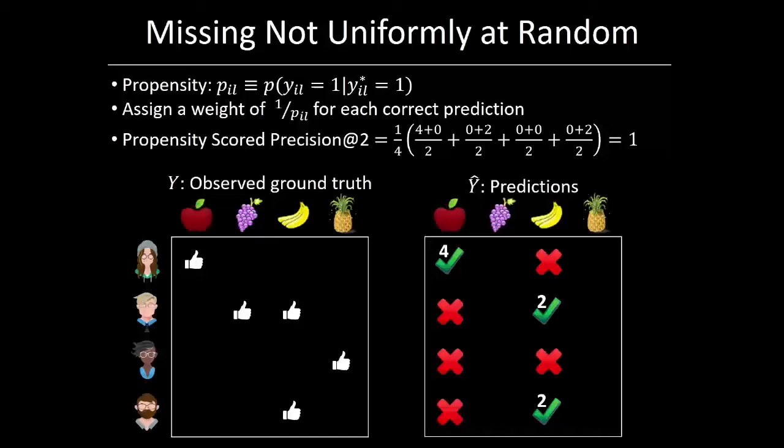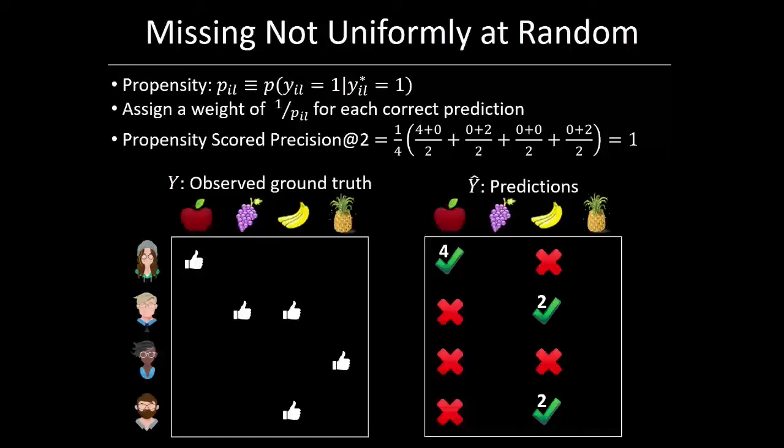So it doesn't go missing. So p_il is the probability that y_il is equal to 1, given that y*_il is equal to 1, where y* is the full ground truth, y is the observed ground truth, and 1 means that the label is relevant to the document. Okay? This definition of propensity is slightly different from the standard definition that Thorsten used earlier. But using this definition, we can prove that if you assign a weight of 1 by p_il to every correct prediction, you'll get an unbiased estimate of your true loss.